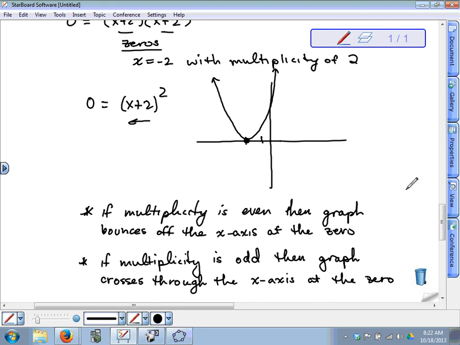So you always need to remember x-intercepts have two different behaviors. They either cross through the x-axis or they bounce off the x-axis. What determines that? The multiplicity, whether it's even or odd.